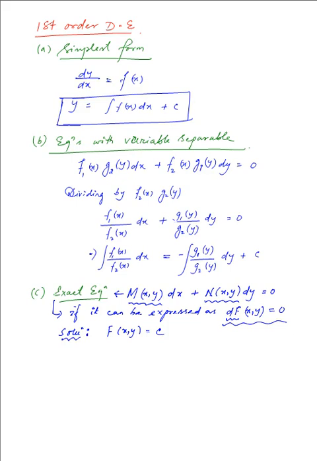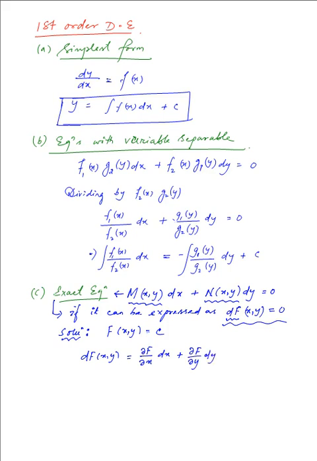Now if df is a function of x and y, so df(x,y) is simply the partial derivative of f with respect to x multiplied with dx plus the partial derivative of f with respect to y multiplied with dy.